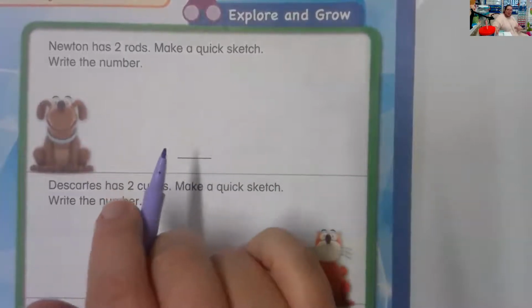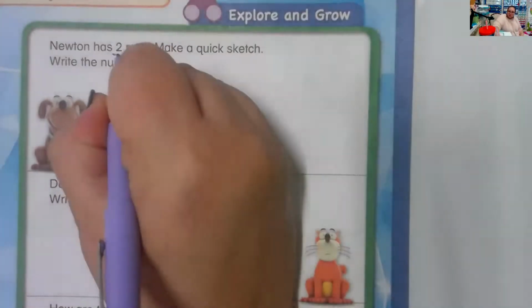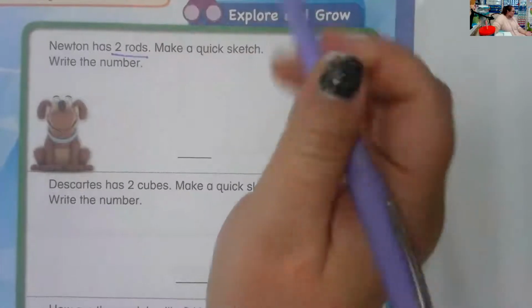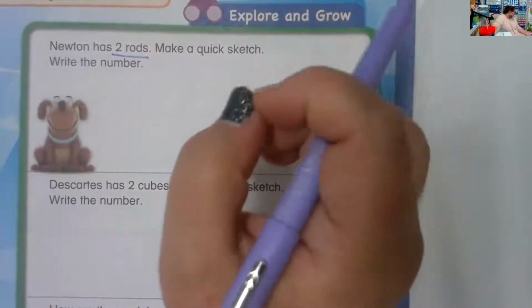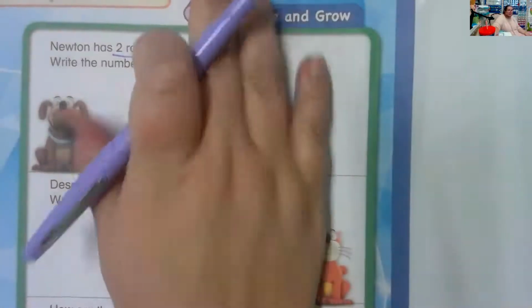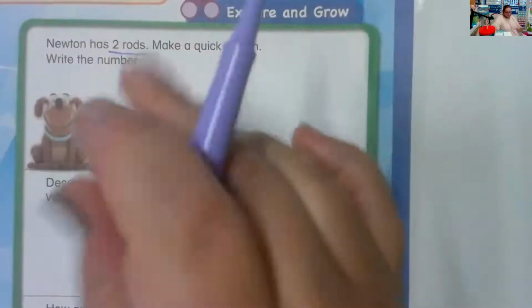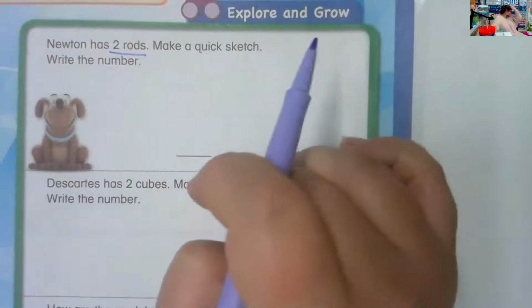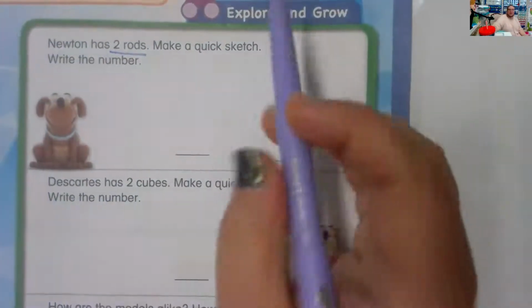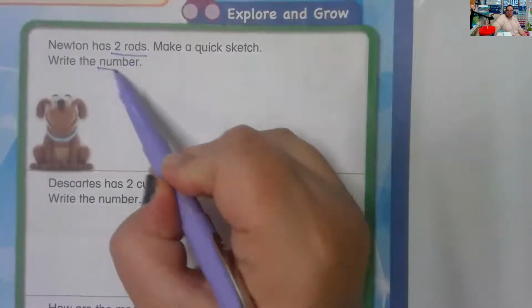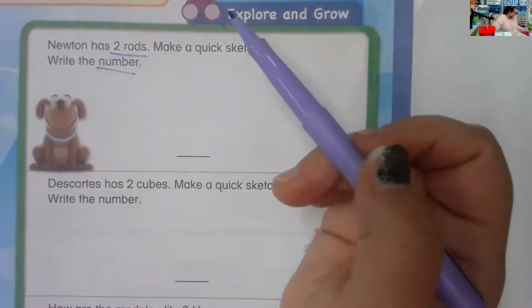That Newton has 2 rods, right? Is that all the information that we're given? In this case, yes. Sometimes we're given more, but for this question, that's what we're told, okay? So we can skip to the what do we need to know? We need to know the number, right?